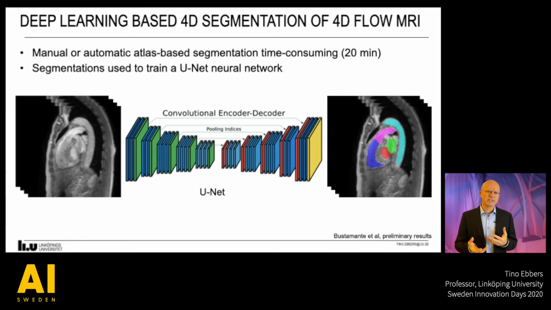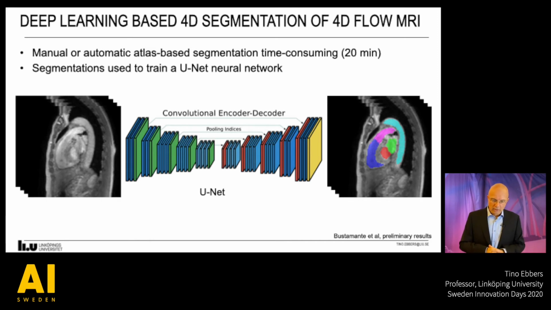But even though this approach is very advanced, and it's definitely very helpful, because before we had to do this manually, and with this approach developed here in Linköping, it suddenly became automatic. But it still takes some computational power, so 20 minutes maybe, something you don't have to do yourself, but still you have to wait.